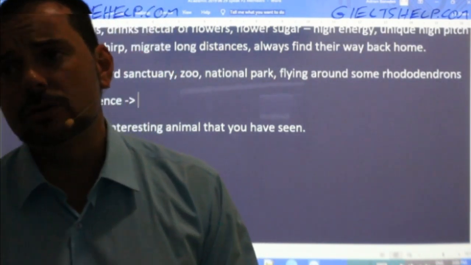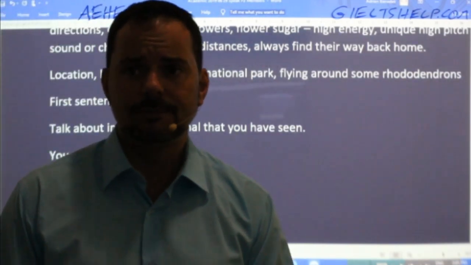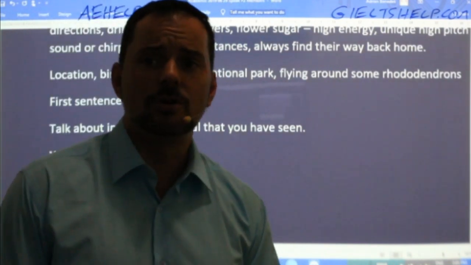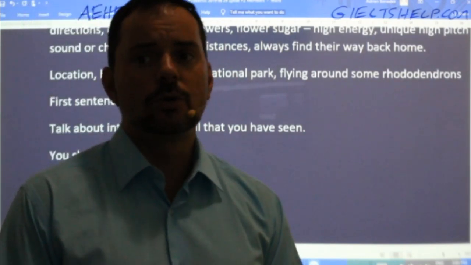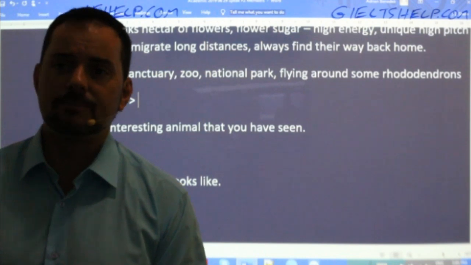Preeti, you're closer. At least you're specific to the animal itself. Hung says, the most interesting animal I have seen. Hung, make sure you put the word have in there. That's a very important missing word for the present perfect.